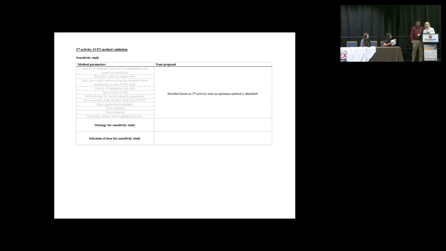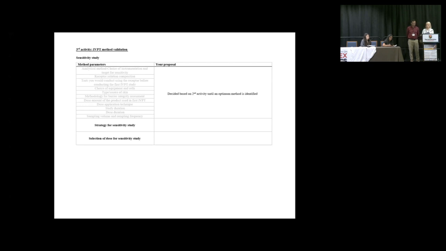Yeah, I can add here that for the sensitivity study, if we select the modulation of the dose amount, one option is to also see the drain data. If we use different amounts of the cream, the product should have the same profile.